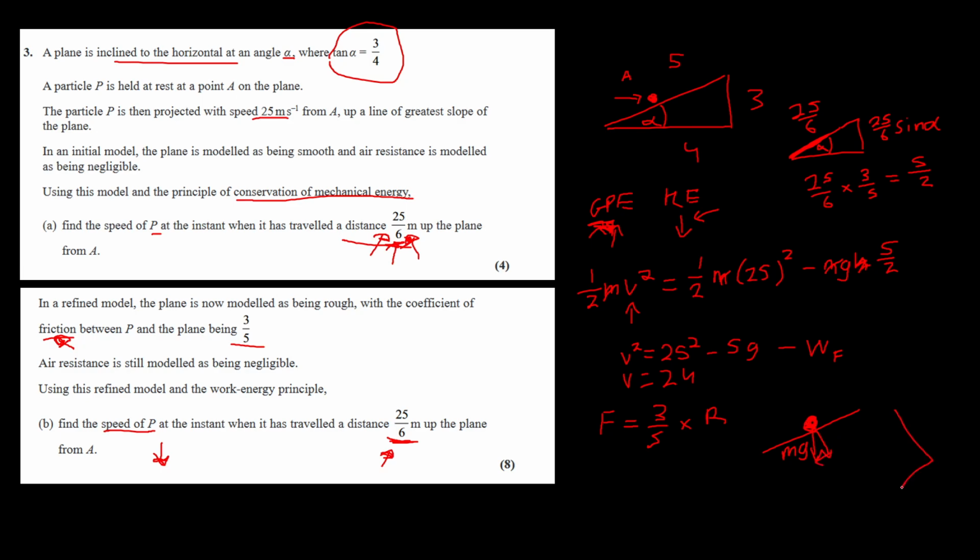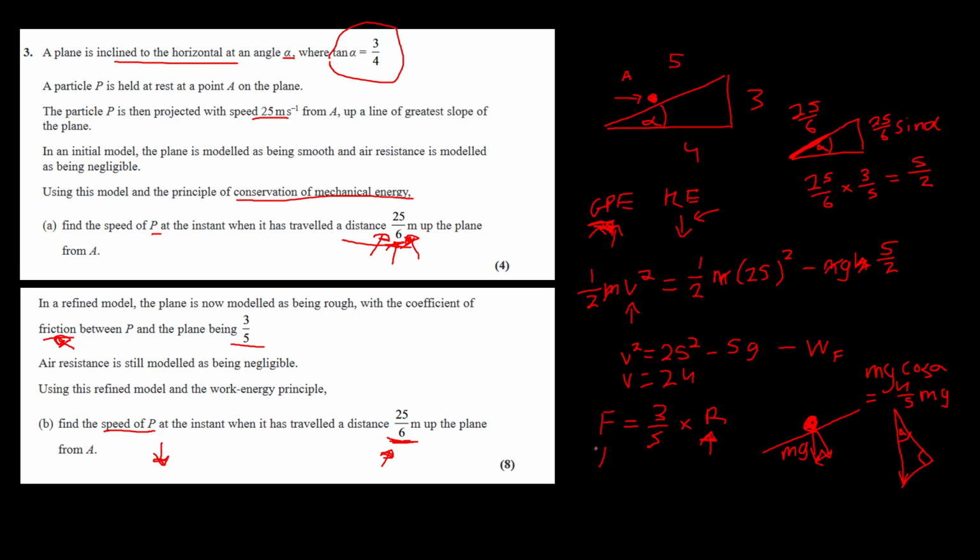And so we've got a triangle here, a right angle triangle, and this angle is alpha. So we need to work out the perpendicular component, and that's just going to be mg cos of alpha, which is going to equal 4/5 mg. And that's going to be our reaction force.